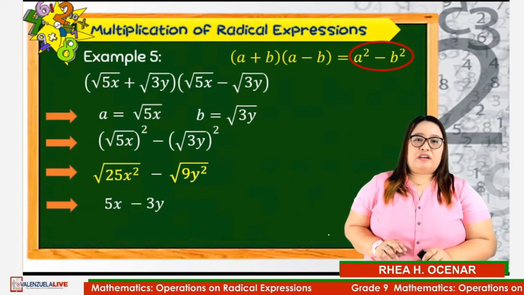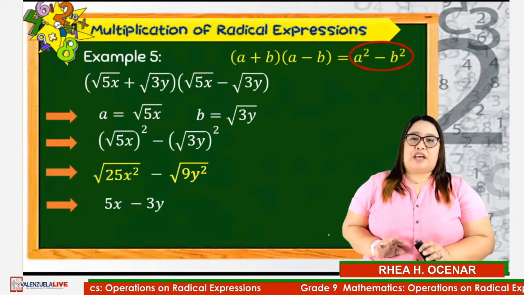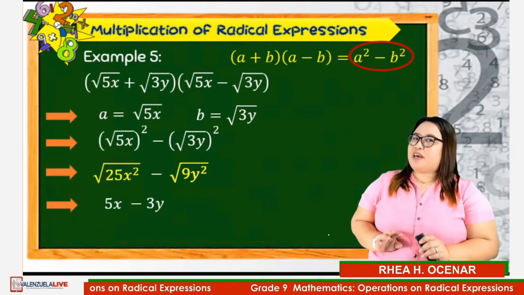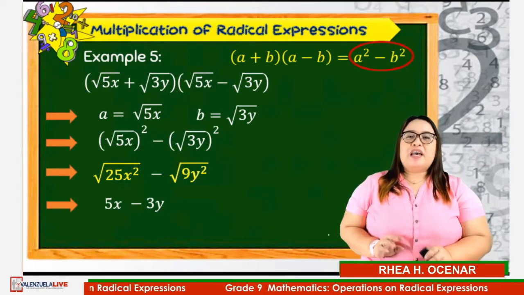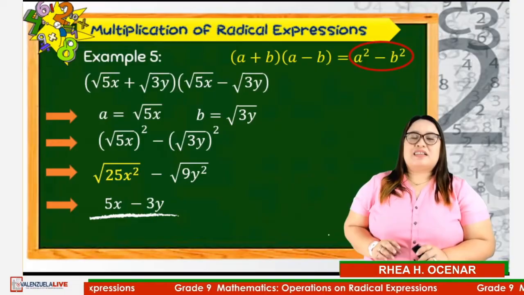Therefore, the quantity square root of 5x plus square root of 3y times the quantity square root of 5x minus square root of 3y is equal to 5x minus 3y.